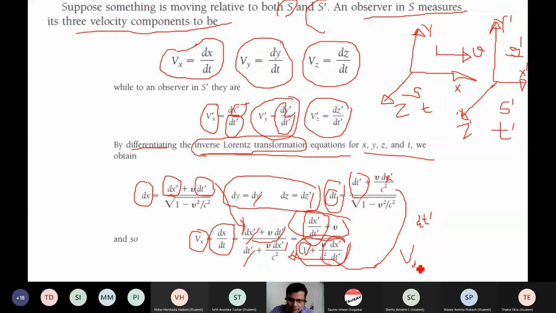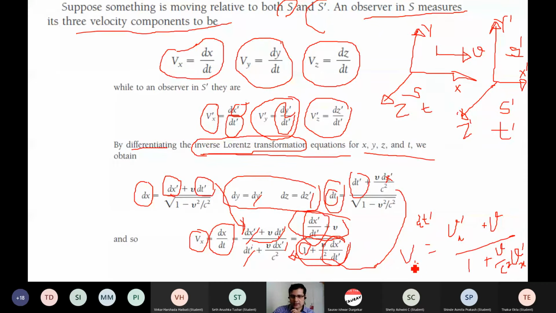So vx is equal to vx prime, the x component, plus v, divided by 1 plus v by c square, where v by c square is a constant, times dx prime by dt prime, which is nothing but vx prime again along the x component. Hope you understand how we get this.